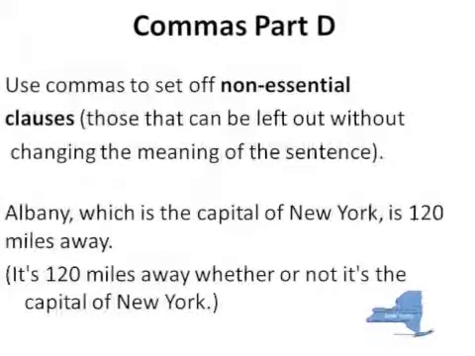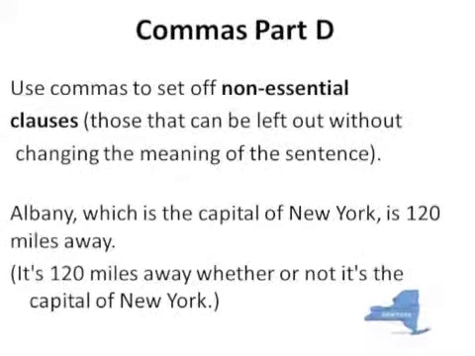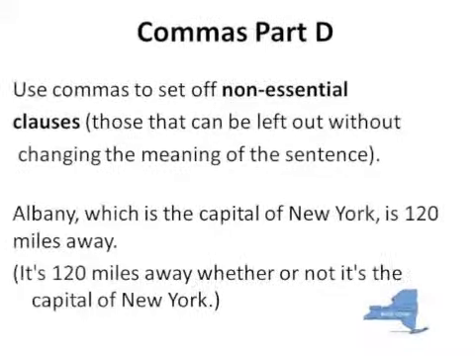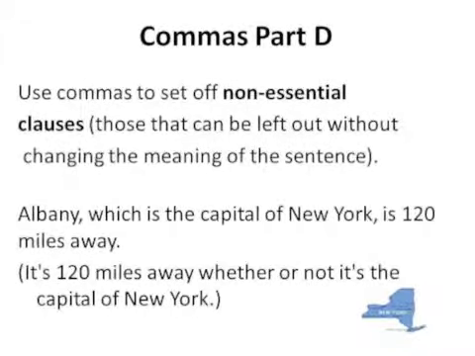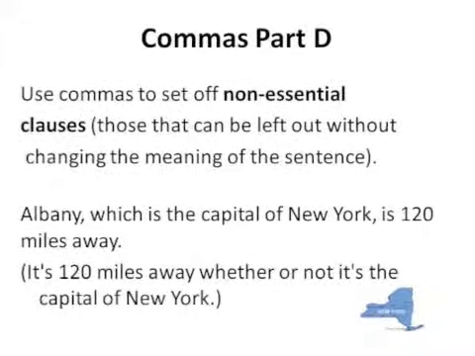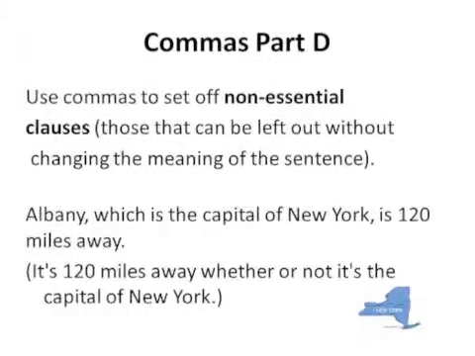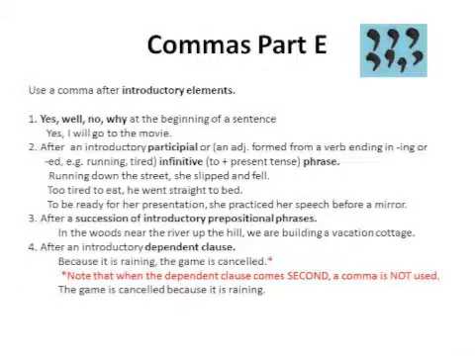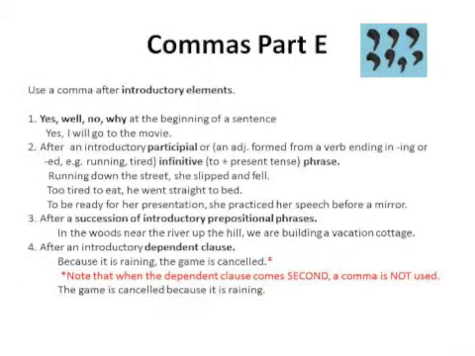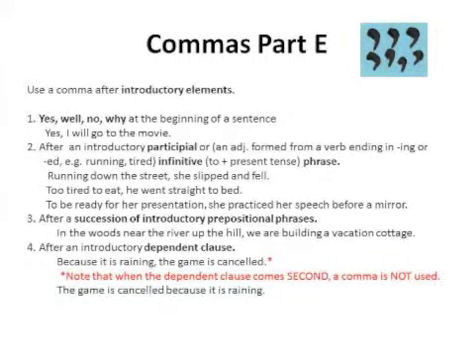Setting off a relative clause beginning with who, which, what, or that, and leaving it out without changing the meaning of the sentence takes commas which set it off. Introductory elements such as yes or no at the beginning of the sentence take a comma.